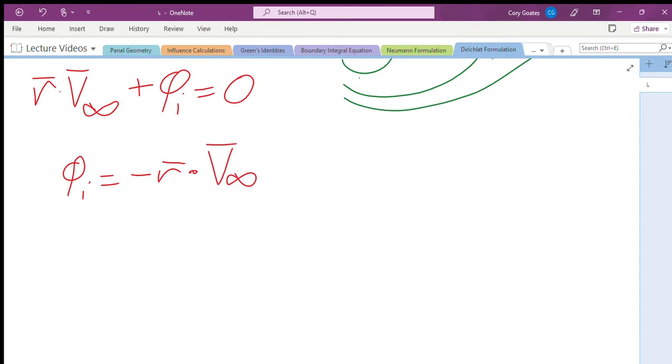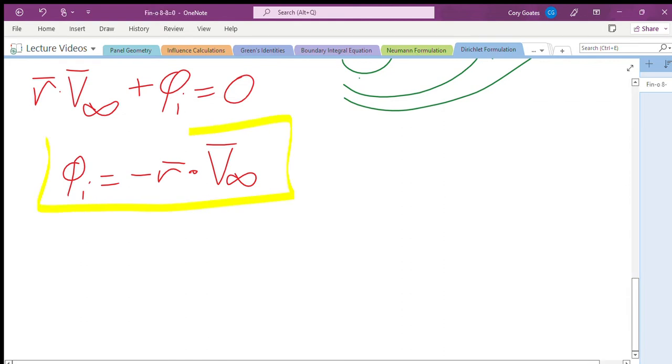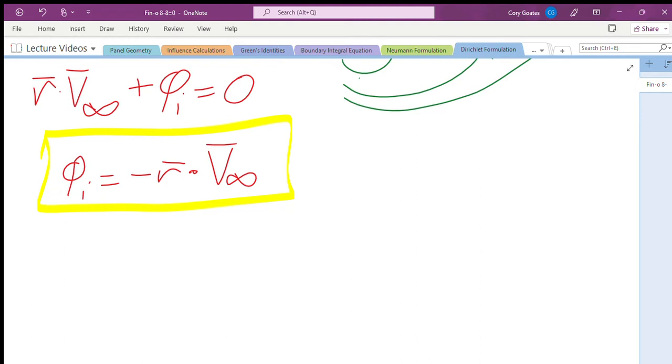We can say that if our inner perturbation potential satisfies this equation everywhere inside the configuration, then our zero normal boundary condition will be satisfied and we'll have our flow result. Pretty slick, right? We've never actually really had to consider velocities much. I mean, there's this explicit free stream velocity term, but we're not having to calculate velocity influences or anything like this. We're doing this entirely in terms of potential.